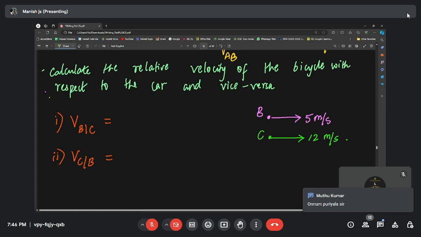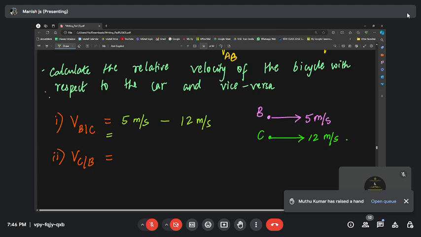First term that you will write, velocity of the bicycle. As per the illustration, velocity of the bicycle is 5, so you need to substitute that first, which is VB minus VC. So 5 meters per second minus 12 meters per second. I hope it's visible to all of you. So now subtract it, and therefore you get the answer.